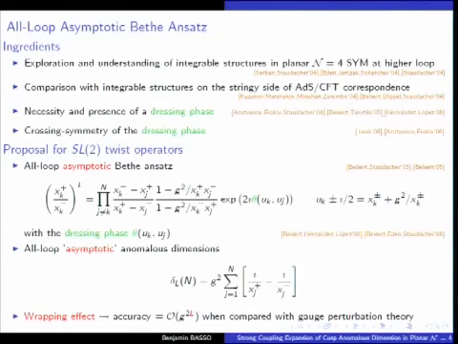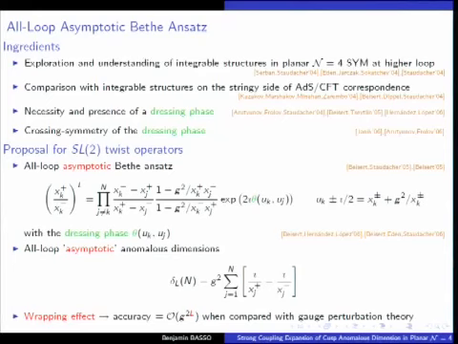People also did a lot of work on the string side of the AdS/CFT correspondence to understand the integrable structure and to compare with the gauge one. People have understood the necessity and presence of the dressing phase, in different papers, and then crossing symmetry has been proposed to be a property of this dressing phase, and at the end a proposal has been made.